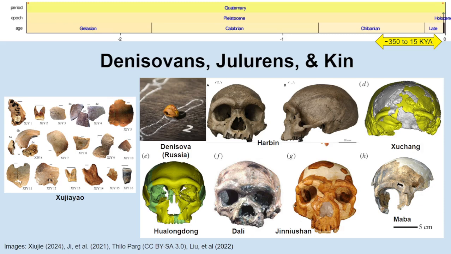Whatever the case, we can be confident that all these hominins are close relatives of each other, and that they were more than capable of interbreeding, and indeed have done so many times in the past. But we'll save discussions of hominin admixture for the next episode. But for now, I want to make note of two things. One is that interbreeding between Denisovans and sapiens has been documented in the ancient DNA record more so than between Neanderthals and sapiens.